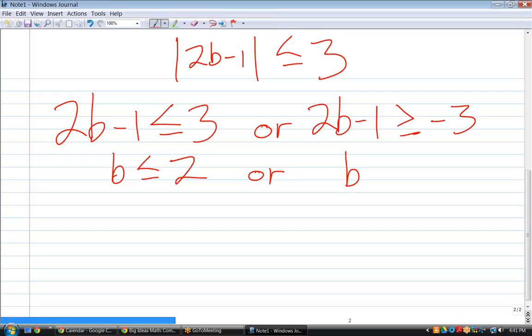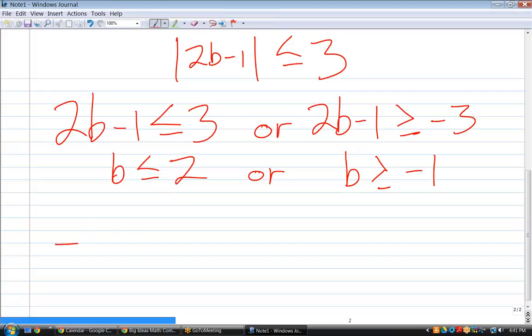Okay, and then that one would be b is greater than or equal to negative 1? Right. Notice that I end up with 2b is greater than or equal to negative 2. Divide both sides by 2.